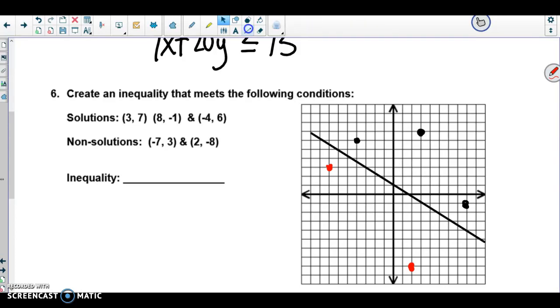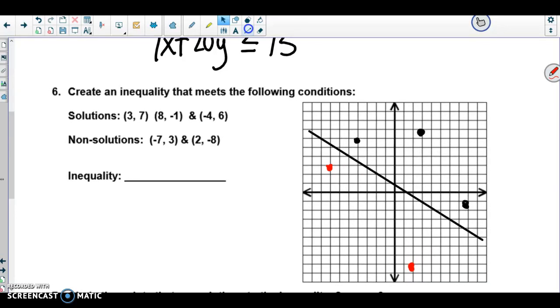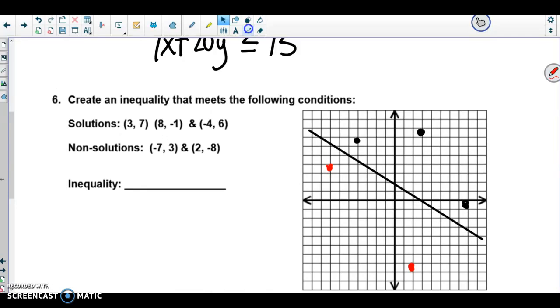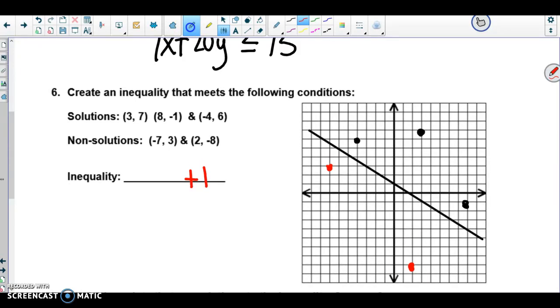Keep in mind that I could move this various places, but I'm going to leave it where my y-intercept is 1. So I know I've got a plus 1 here. My slope looks like I'm going from here down 2 and over 3 to get to my next one.